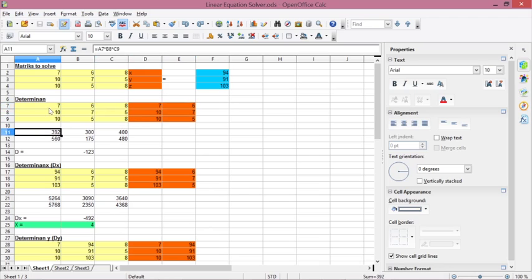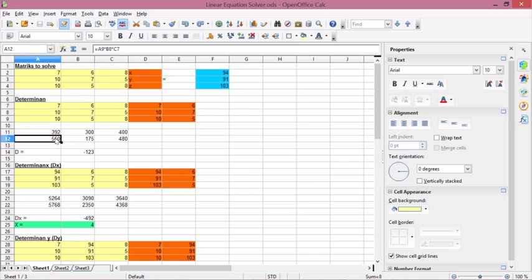So the result is this. This is for the first diagonal, this is the multiplication of the second diagonal, this is for the third diagonal, and this is for the first diagonal from the bottom. It is 10 times 7 times 8.